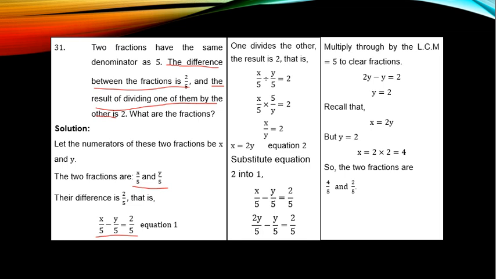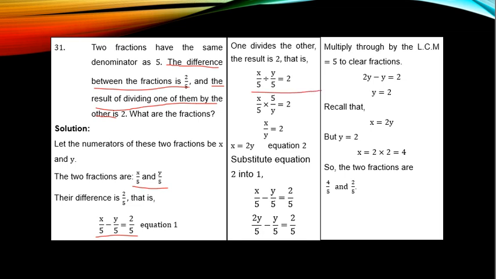That becomes equation 1. Then the second one states that one divides the other. The result is 2. So let's take the first one, x/5, divide it by the second one, y/5, and the result equated to 2. So we have it in this form.